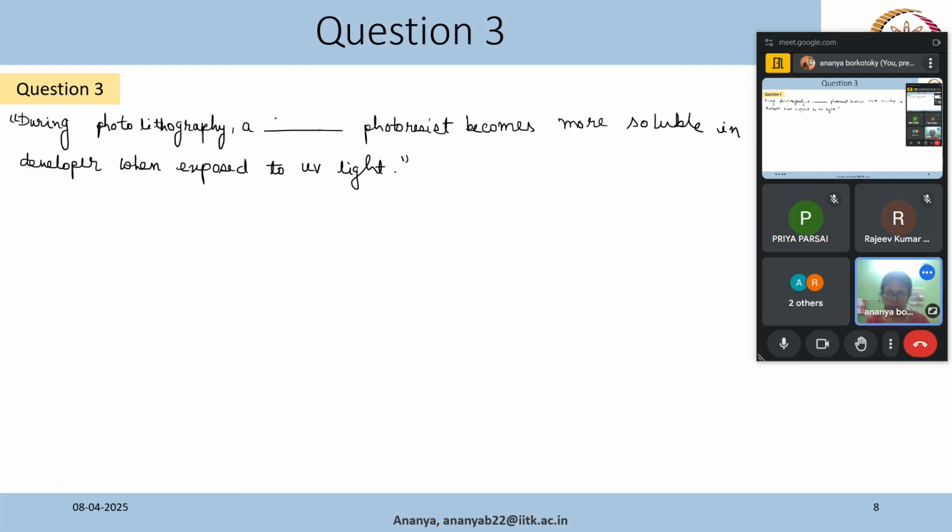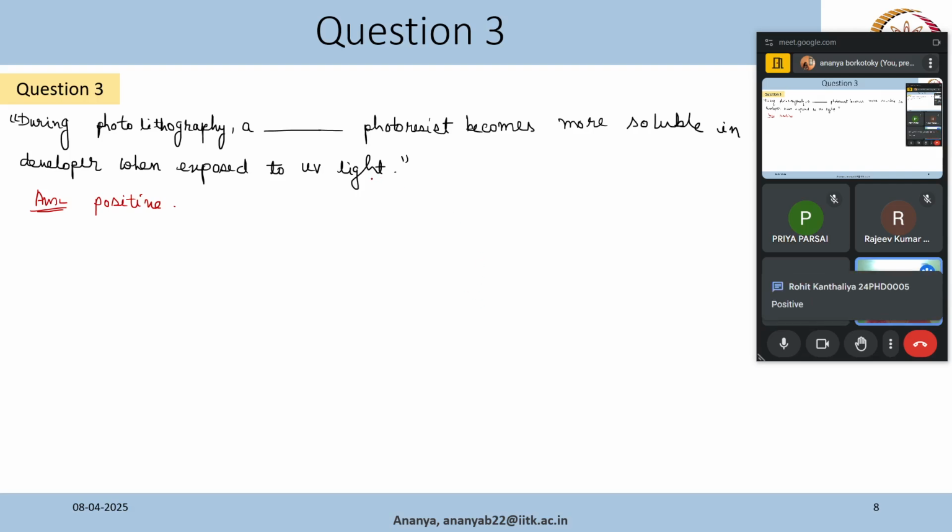I expect an answer from everyone. So these are polymers, positive and negative photoresist polymers. You know that in polymers there will be chains, right? Carbon chains and other components.